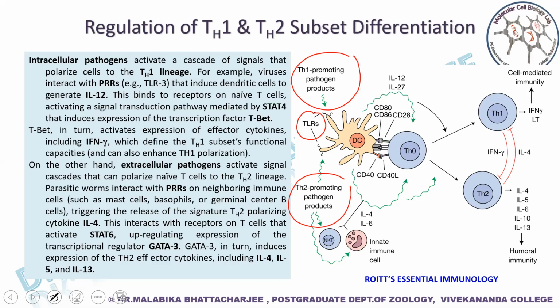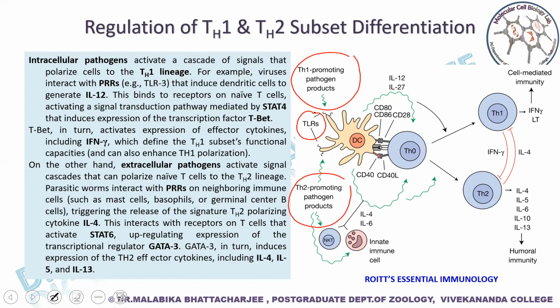So if there is a virus entering, it will be able to recognize the viral PAMP and that automatically will proceed for the helper 1 pathway. But again, if it's a parasite that has entered, then there is a separate category of toll-like receptor that can recognize the helminth PAMP. And accordingly, that receptor signaling will start the helper 2 pathway.